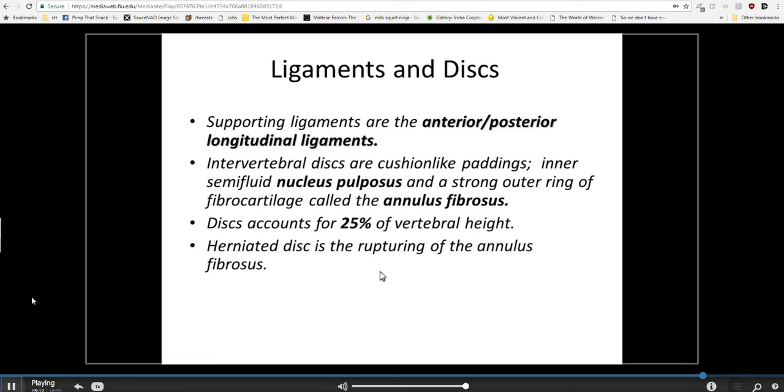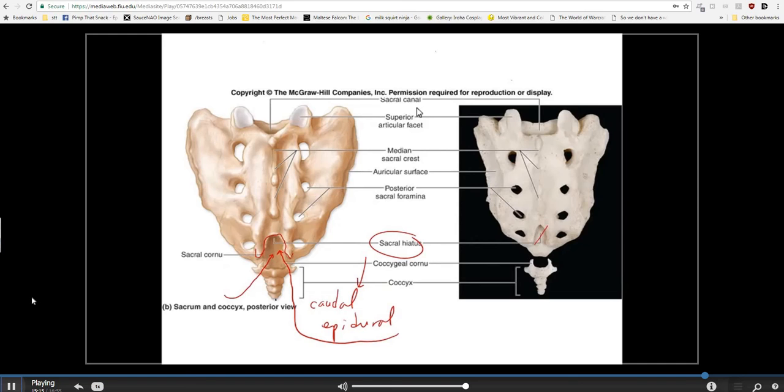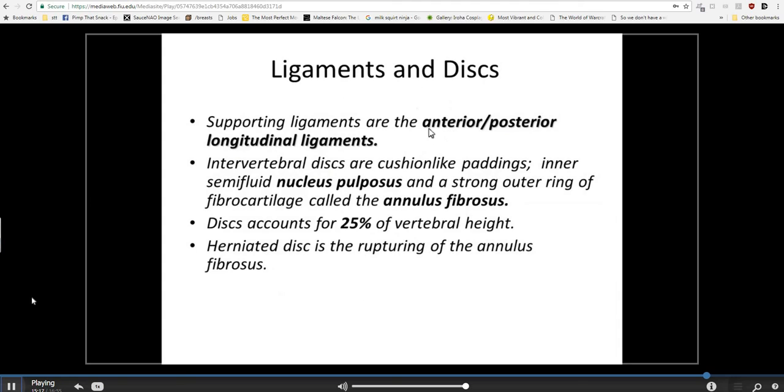Ligaments and discs. So you have ligaments that run in the front and in the back. They run the entire length of the vertebral column. The intervertebral discs are like little shock absorbers.